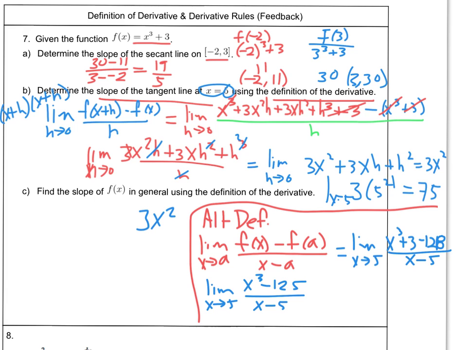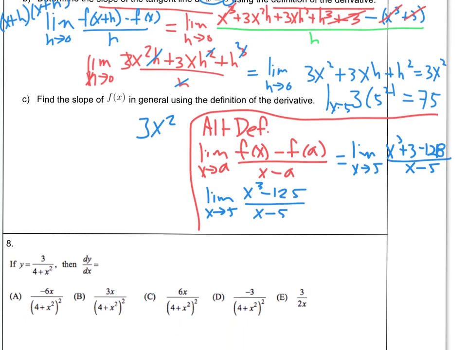And when we do that, so we get x minus 5. I'm going to write this as x cubed plus 0x squared plus 0x minus 125. We get x squared minus 5x squared, which gives us 5x squared.